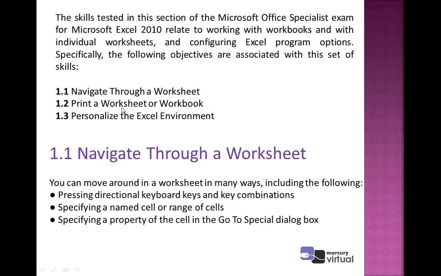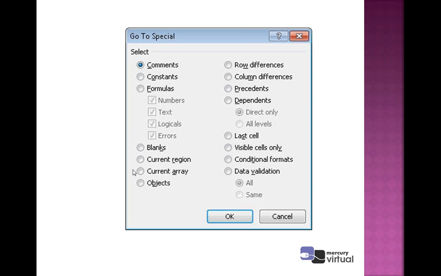Then we covered printing a worksheet, that is, how to take the printout of a worksheet or workbook. Then we also saw how to personalize the Excel environment, that is, how to customize the environment for Excel.